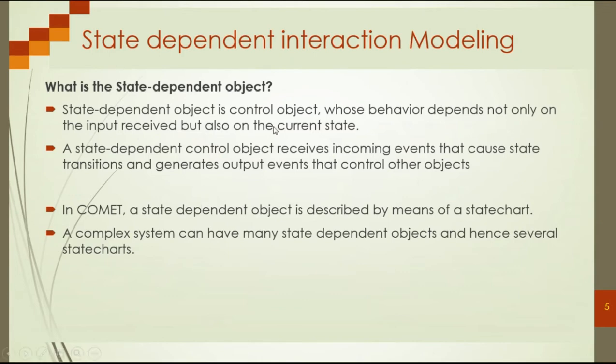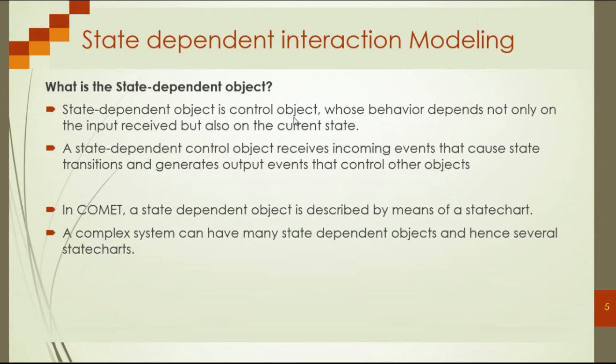First, it is a control object. Since we say it is dependent, that means its action is based on some actions, some situations. So it's not independent, but dependent on other objects.